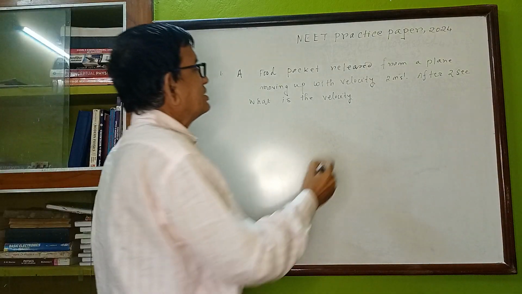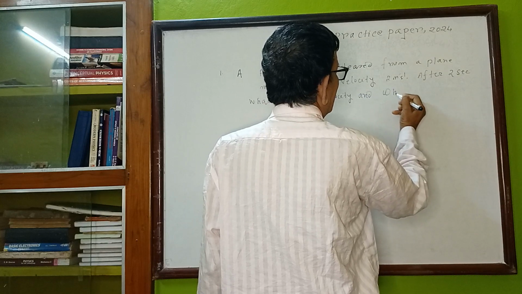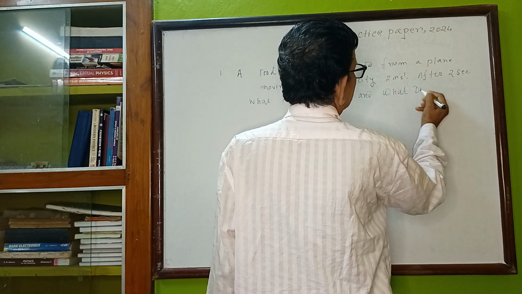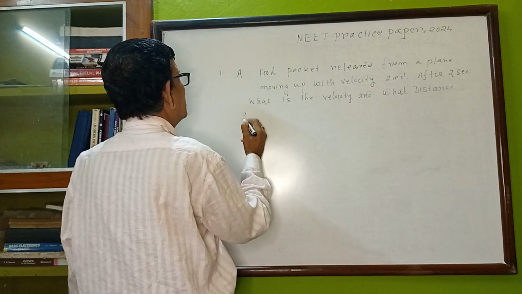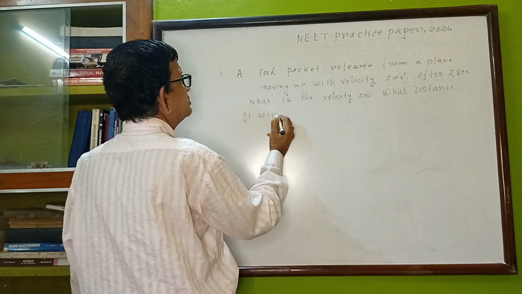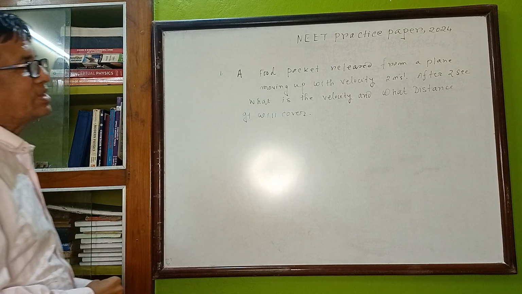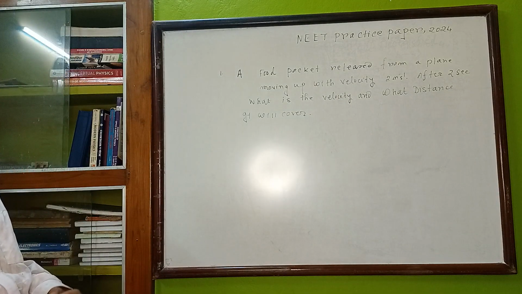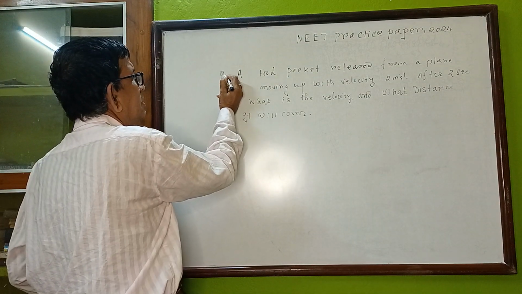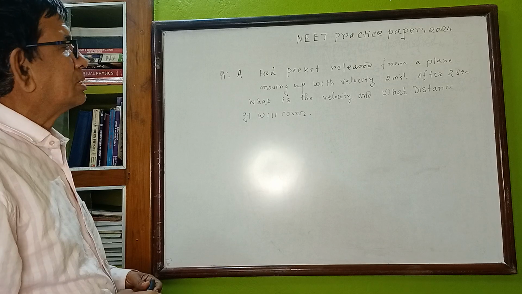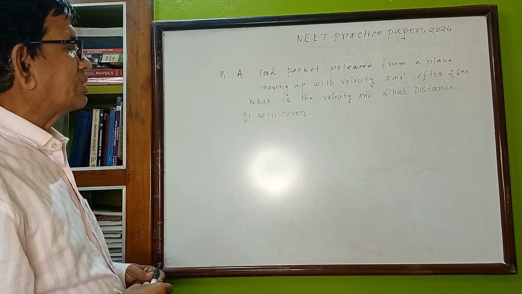And what distance will it cover? A food packet is released from a plane moving up with velocity 2 meter per second. After 2 seconds, it is the problem number 1. What is the velocity and what distance will it cover after 2 seconds?